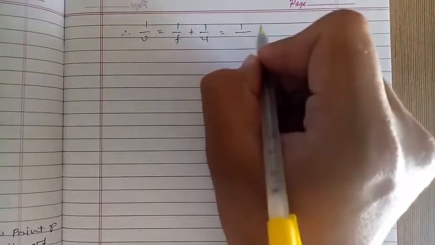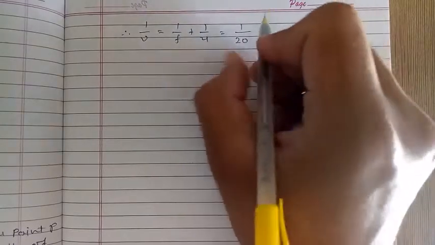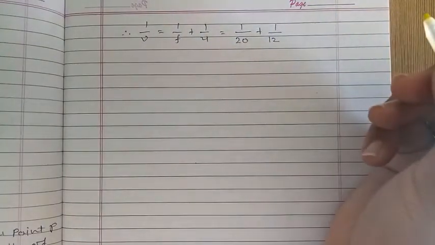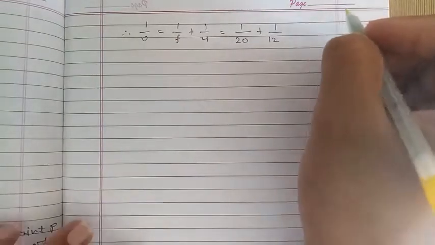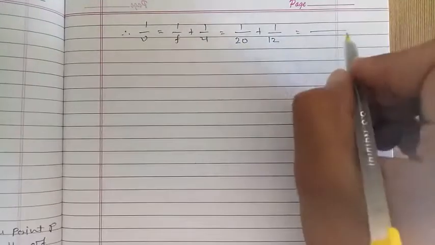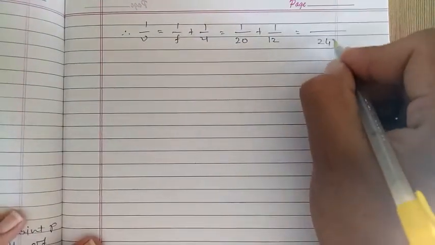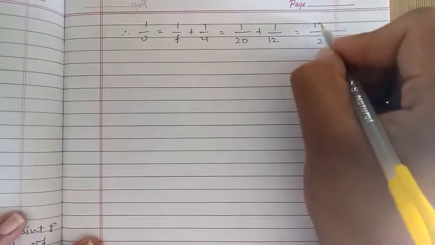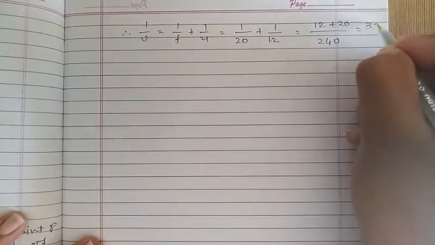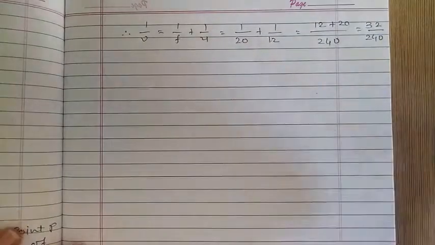So 1 upon the value of f, 20, plus 1 upon the value of u, 12. So 12 into 20 is 240. We multiply by 12 and 20, so we get 32 upon 240.